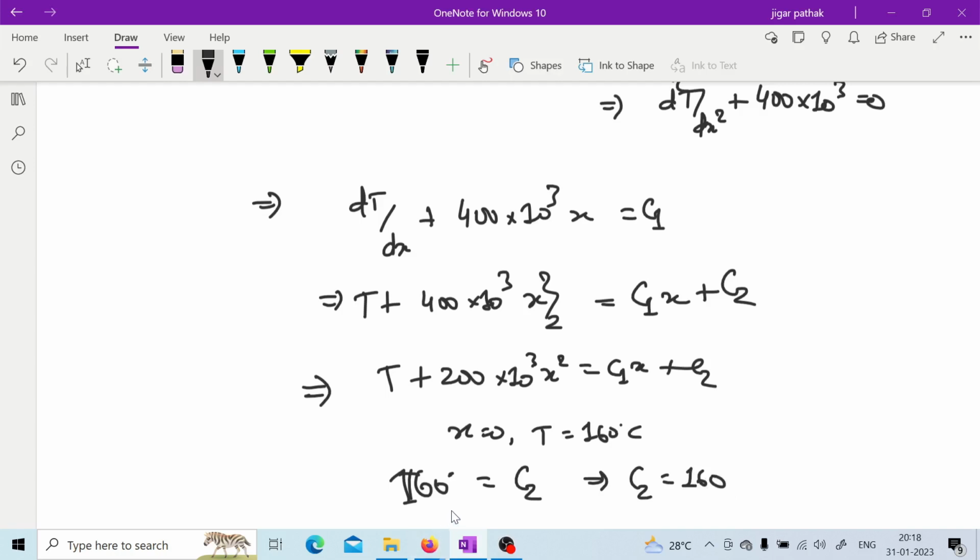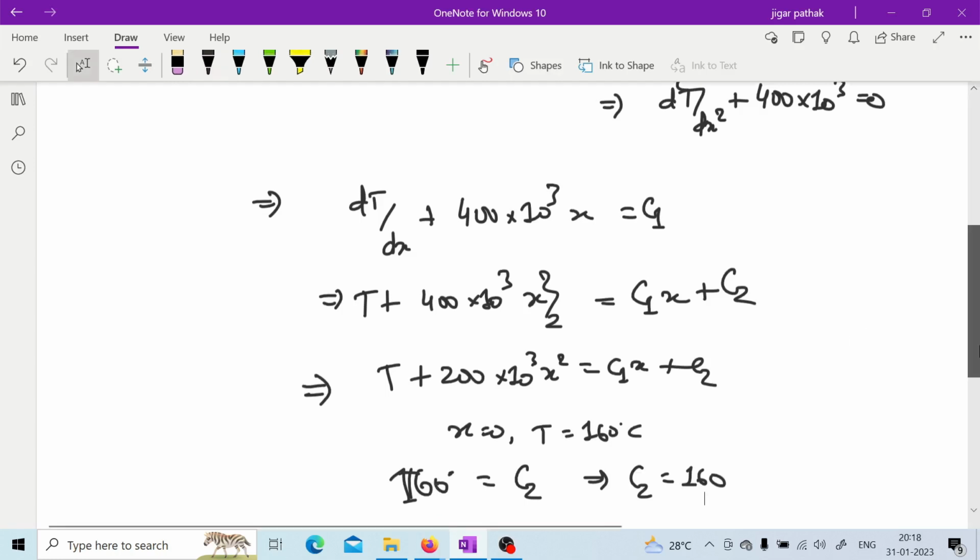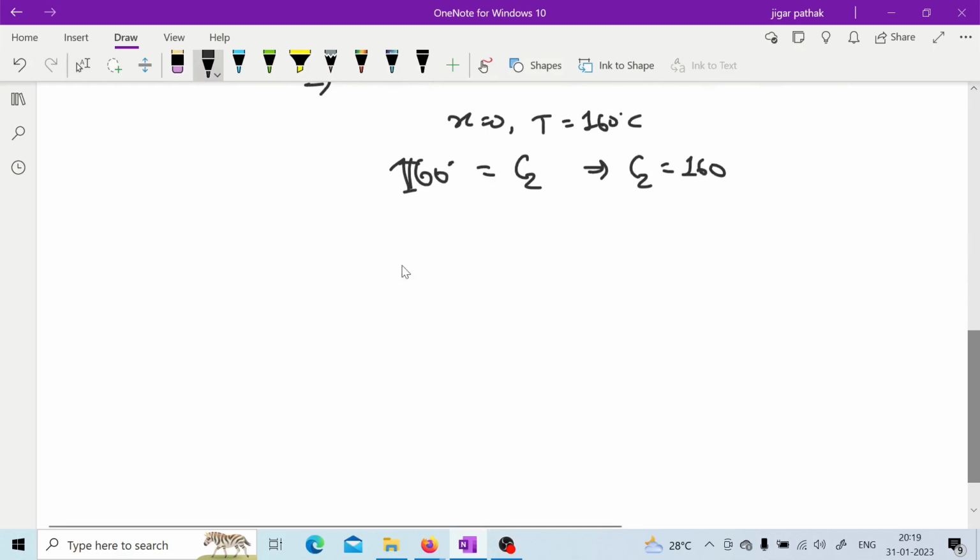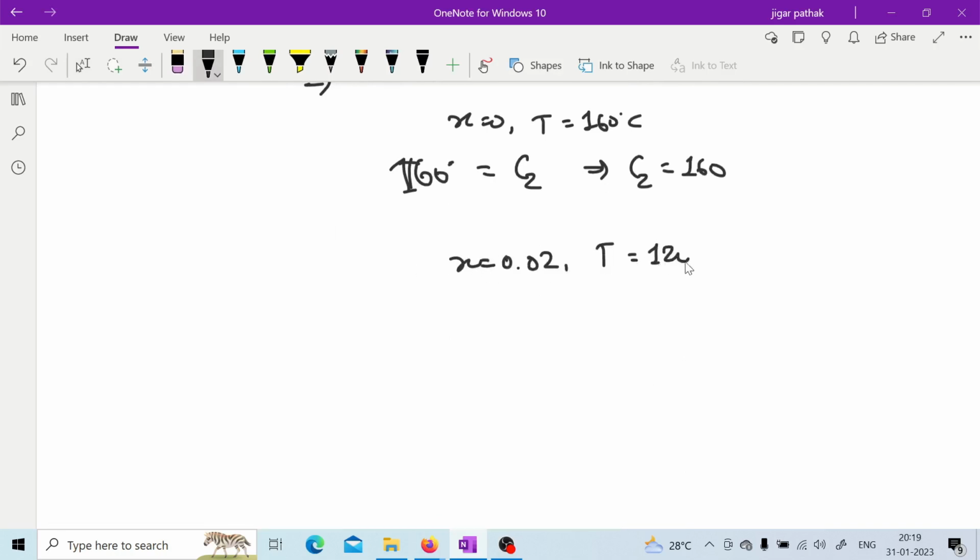Now at x is equal to 0.02, T is equal to 120.